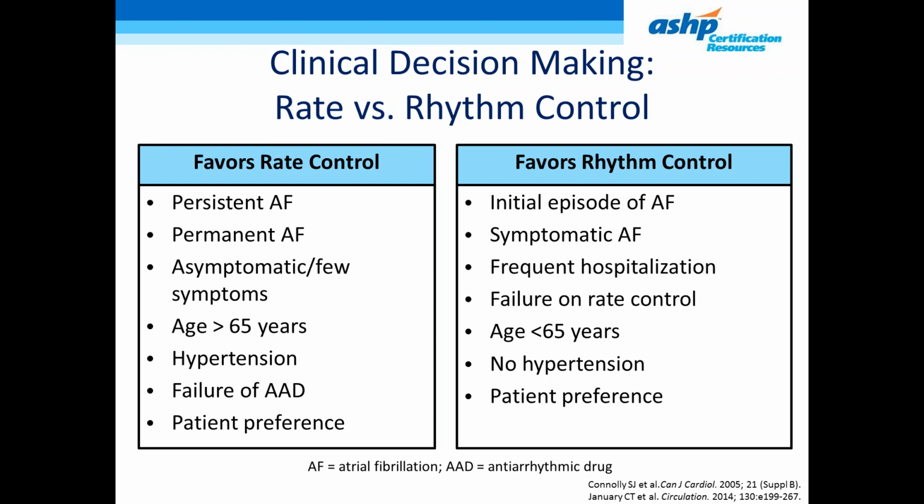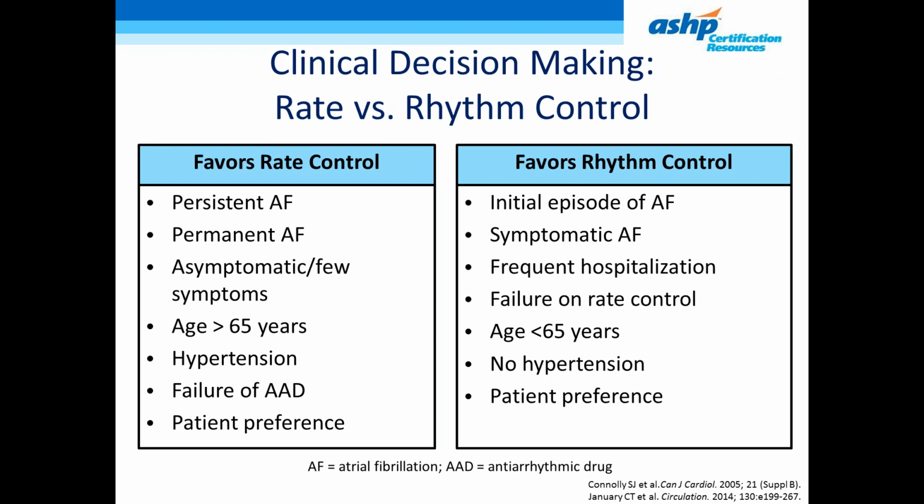These may be those patients, again, that don't know when they are in atrial fibrillation or when they are in sinus rhythm unless an EKG is obtained. Those patients greater than 65 years of age would be in the rate control strategy group, patients with hypertension, patients that have failed a rhythm control strategy, so they have failed therapy with an antiarrhythmic drug, and finally, patient preference.